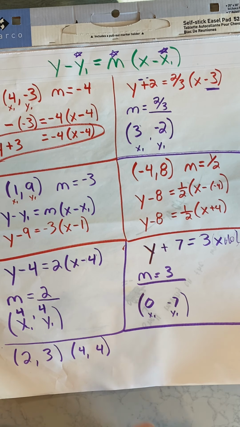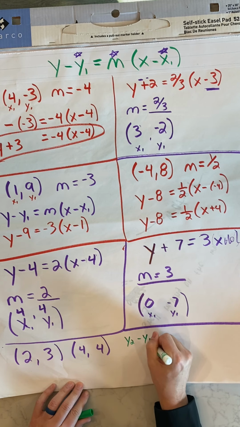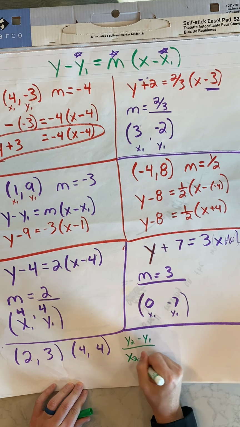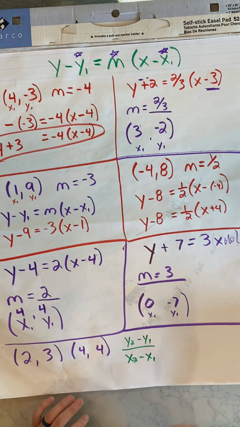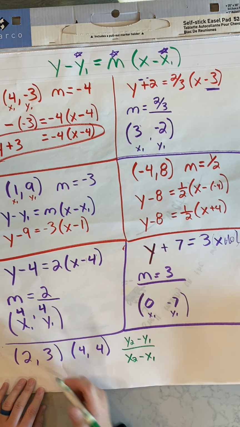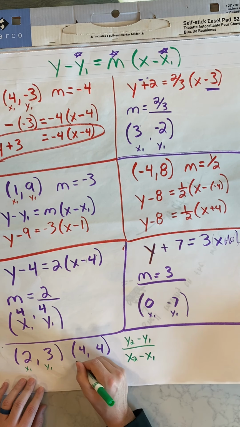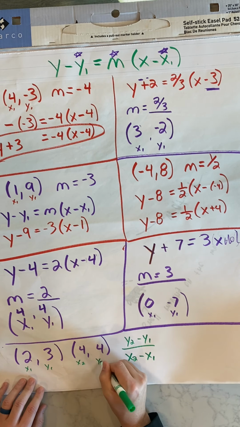So remember, to find slope when we know 2 points, we do y2 minus y1 over x2 minus x1. All right, so let's look at this. x1, y1, x2, y2.